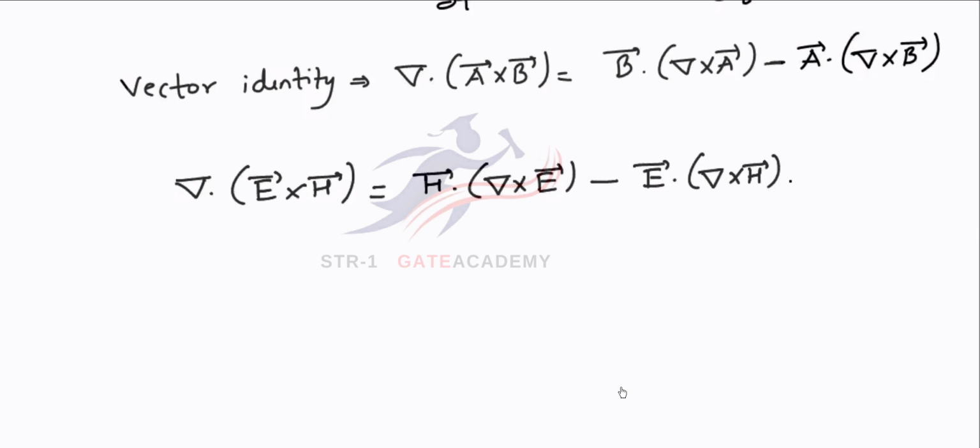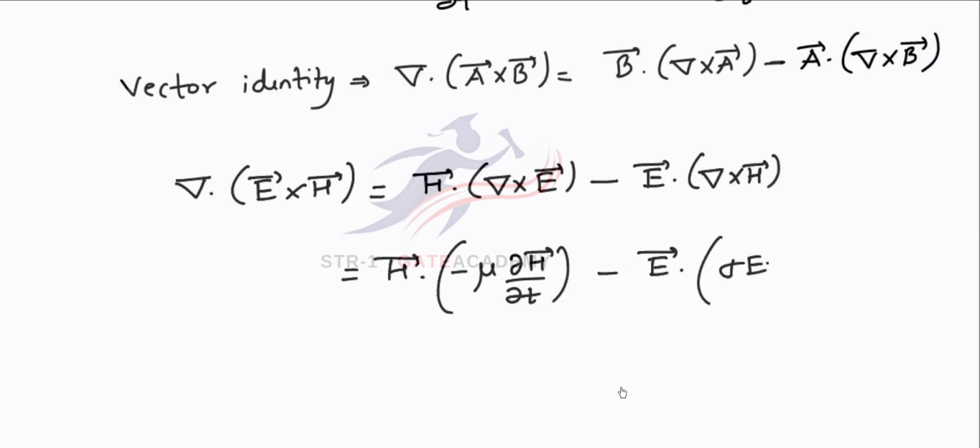Now we have the values of del cross E as well as del cross H, so let's substitute them over here. I'll get H vector dot minus mu dH vector divided by dt, minus E vector dot sigma E vector plus epsilon dE vector divided by dt. So this is del cross H.